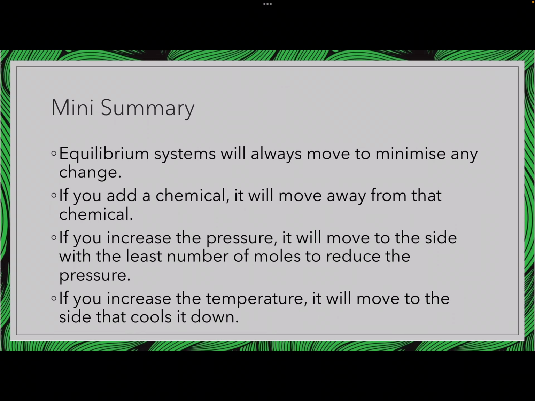If you increase the pressure, it'll move to the side with the least number of moles to try and reduce the pressure. And if you increase the temperature, it will move towards the side that cools down, so the endothermic side. Now, all of these things happen both ways. So if we decrease the pressure, it'll move to the side with more moles. And if we decrease the temperature, it will move to the side that warms it up.